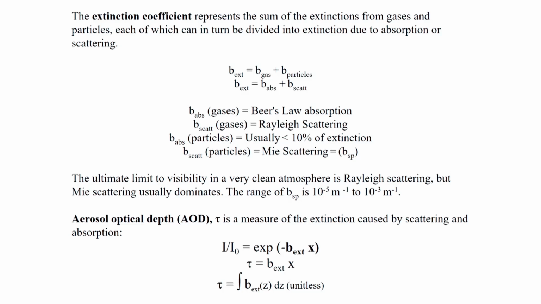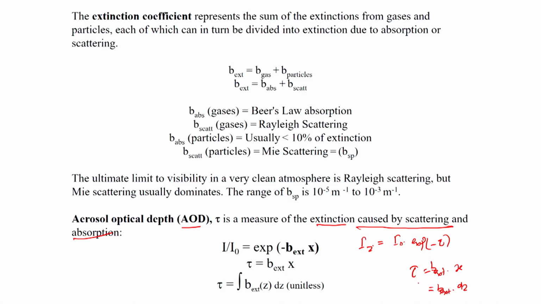Coming back to this question, just remember it. Aerosol optical depth is a measure of extinction caused by scattering and absorption of aerosols. So Iz is equal to I0 exponentially minus tau, and tau was beta extinction into dz.